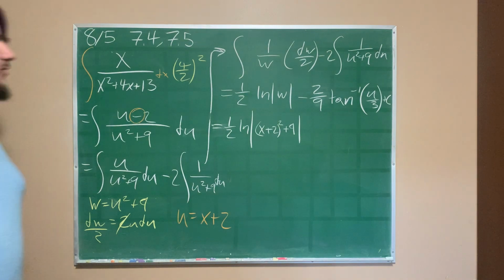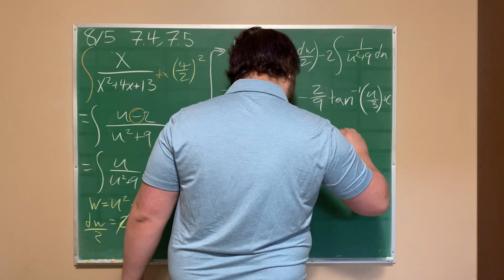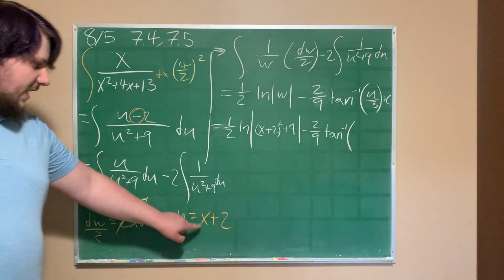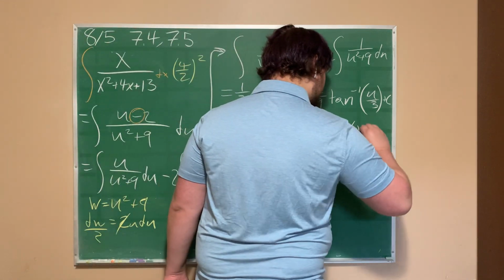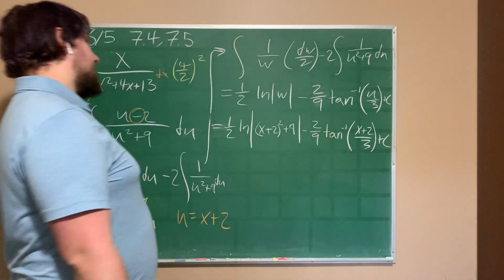And then we have minus 2/9, the inverse tangent of, and then instead of u over 3, we'll have x plus 2 over 3. Plus our constant of integration.